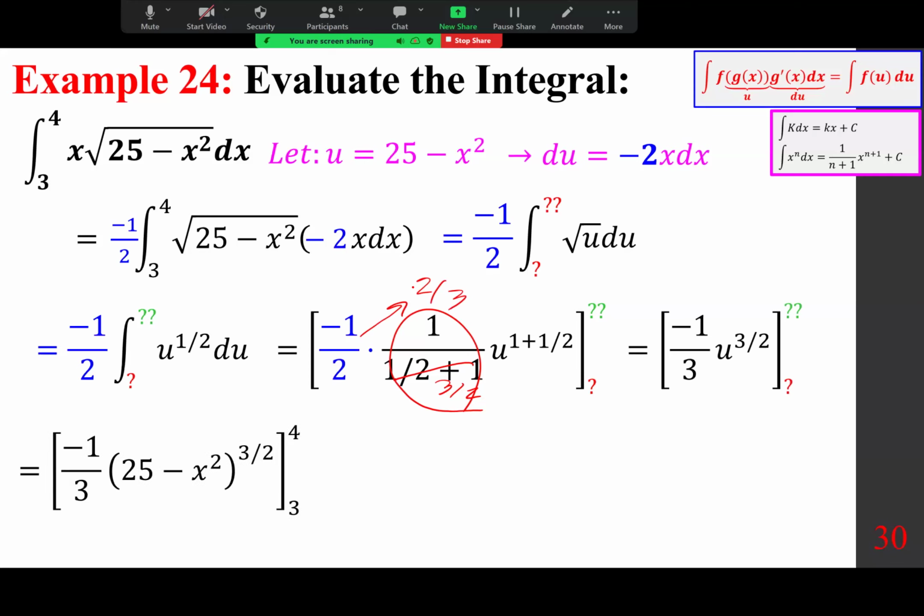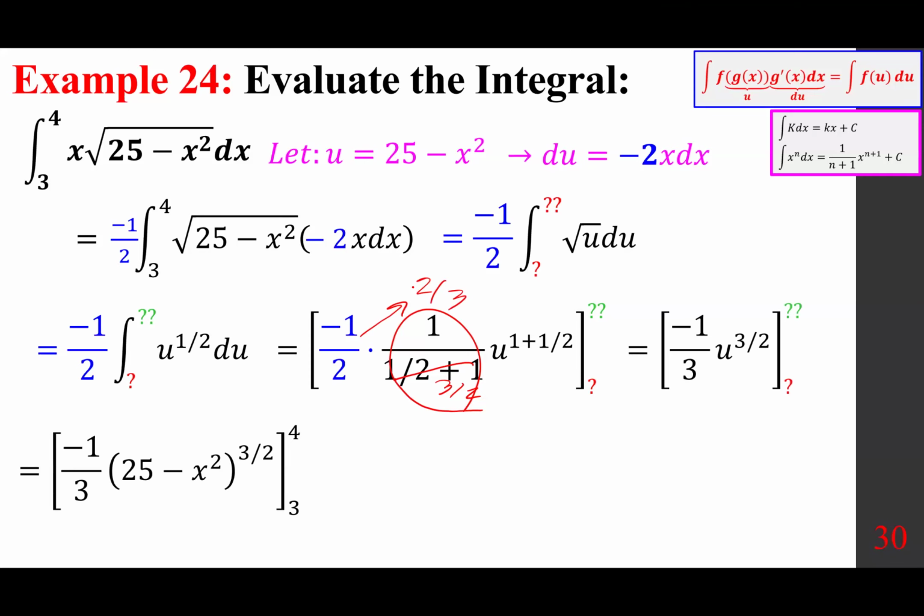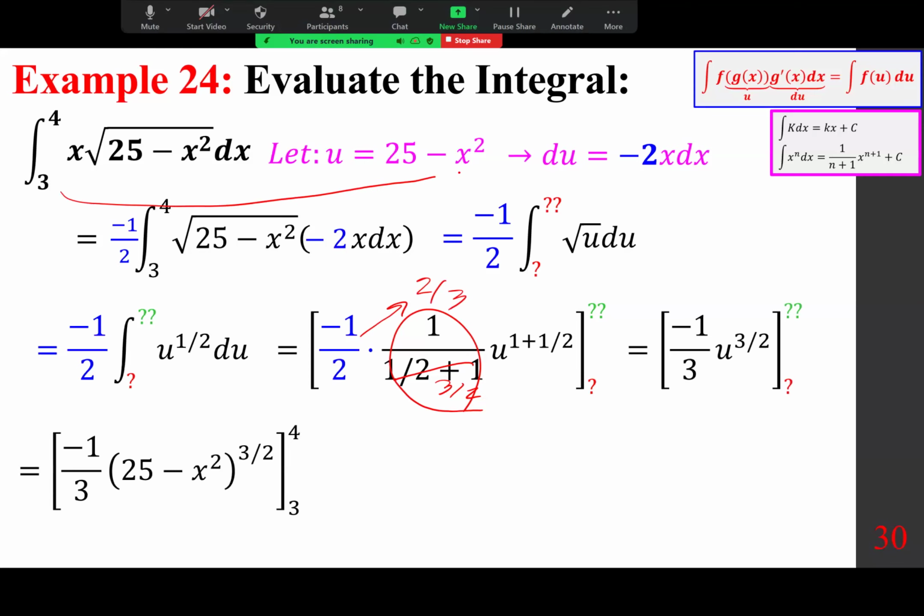We go back to the original variable x, original limits 3 and 4. If you plug in 3 here, you get 9. 25 minus 9 is 16. If you plug in 4 here, you get 16. 25 minus 16 is 9. And those are the limits we are going to use. We put the negative 1/3 outside, and we're going to plug in 9 and 16.